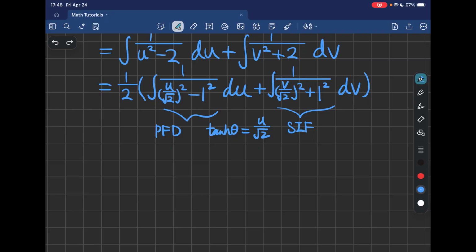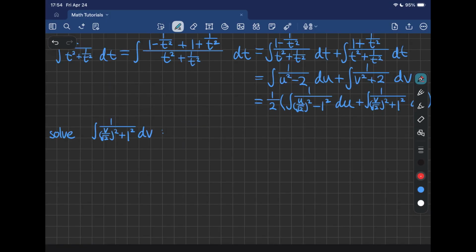I will be starting with this one because it's simpler. The standard integral formula I'm talking about for this is something we also saw in the last video. It's the integral of 1 over a squared plus x squared dx equals 1 over a arctan of x over a plus c.